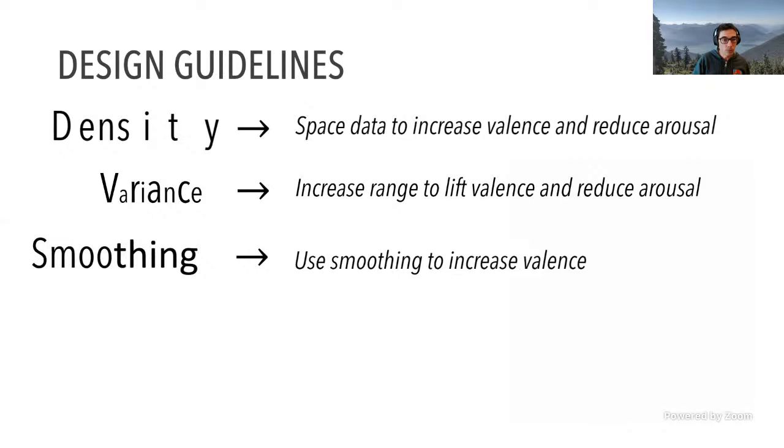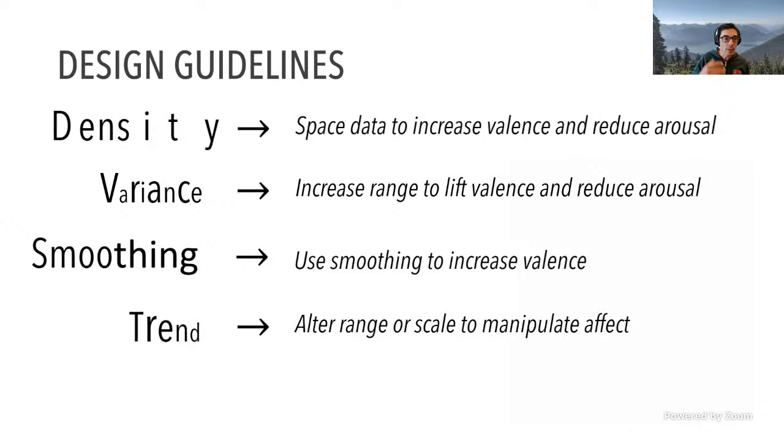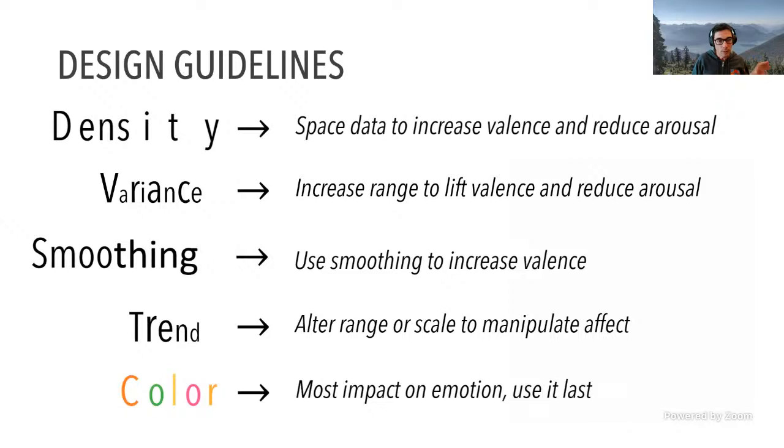You can also smoothen jagged line charts to increase valence. And you can alter the range or the scale that you use to alter the perceived trend and therefore the induced emotion. And finally, use color last to counteract or reinforce the emotion induced by other factors because it is by far the most impactful.